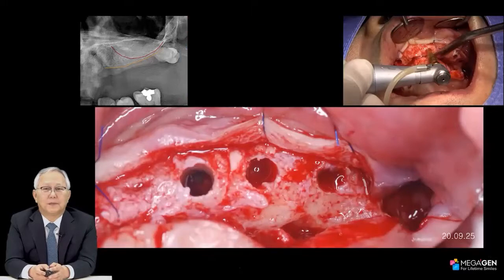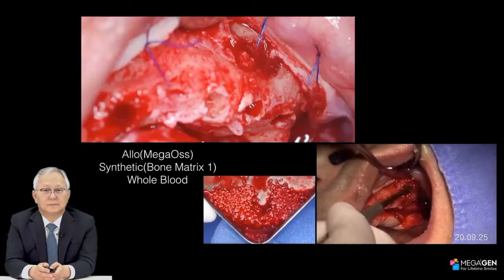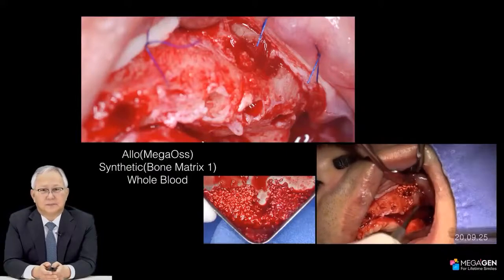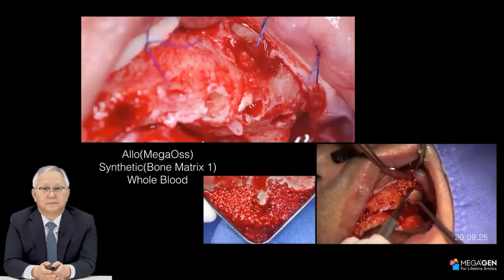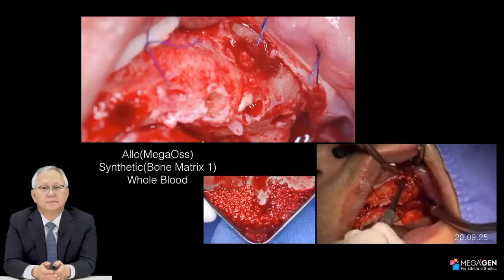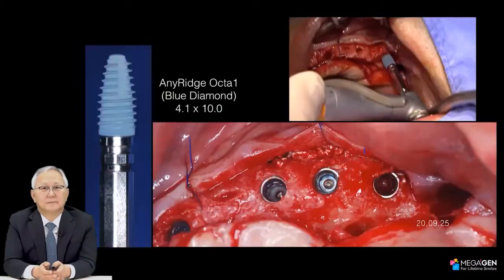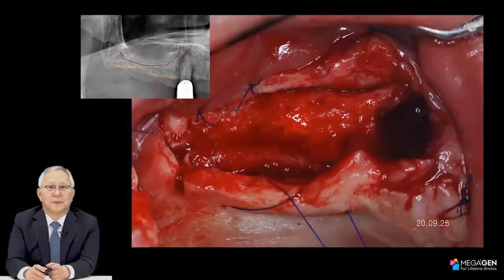Then bone grafting. This is a very common technique. And then I placed the implants. So this is after implant placement.